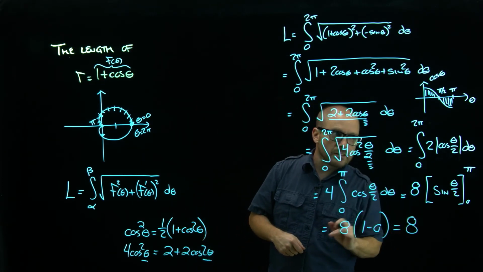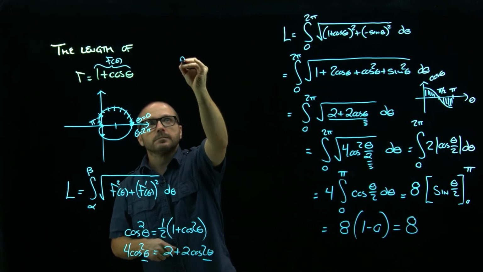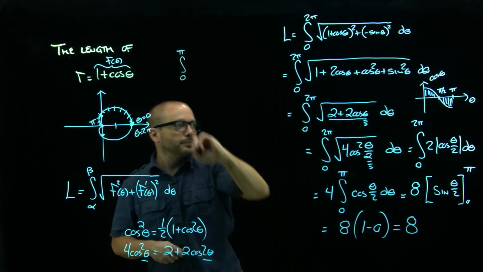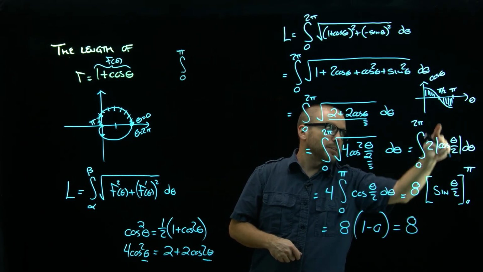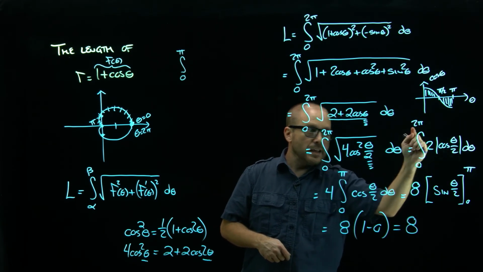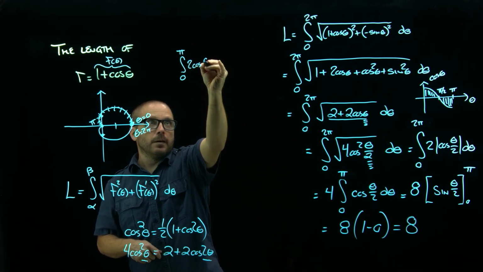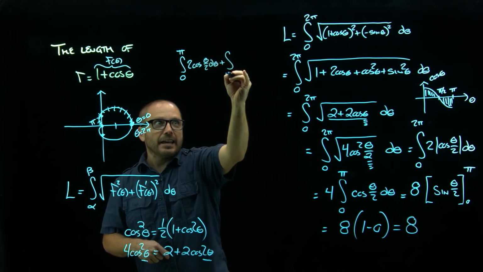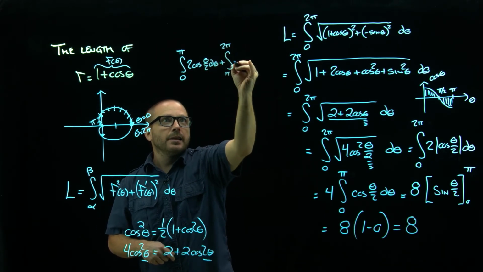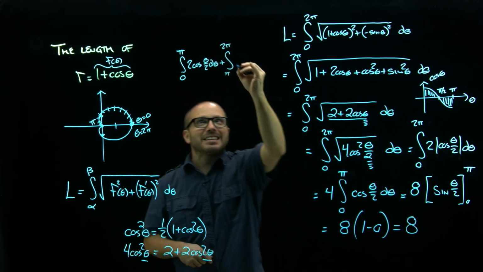If you didn't have the symmetry to take advantage of, you'd have to go 0 to pi. Now from 0 to pi, you're going from cosine of 0 to cosine of pi over 2. The quantity inside is already positive, so it doesn't need the absolute value. But then you would have to add to that the integral from pi to 2 pi. And now the stuff inside here is negative, so the absolute value makes it the opposite.